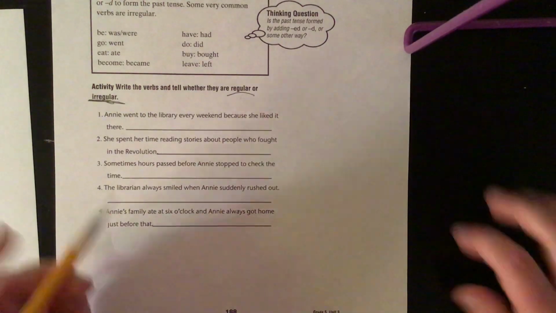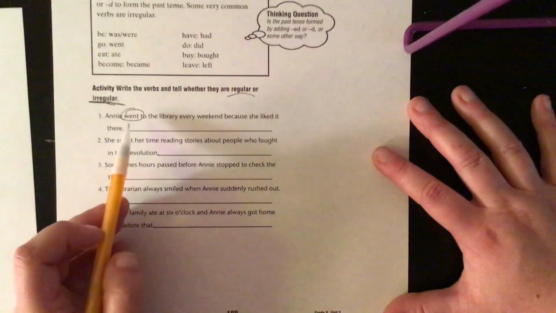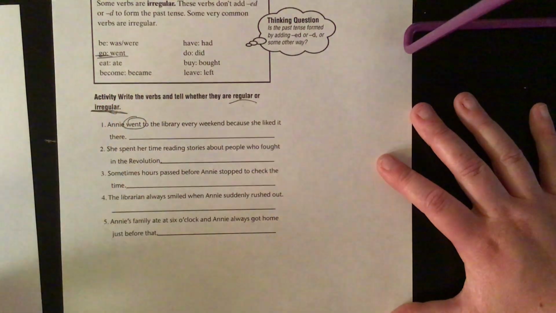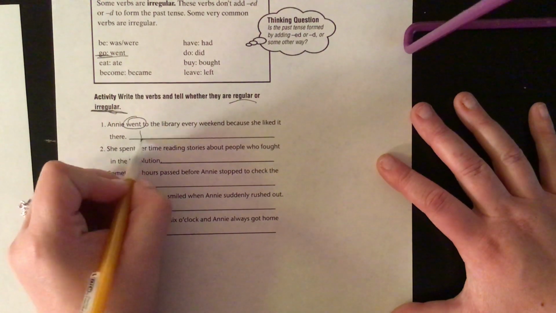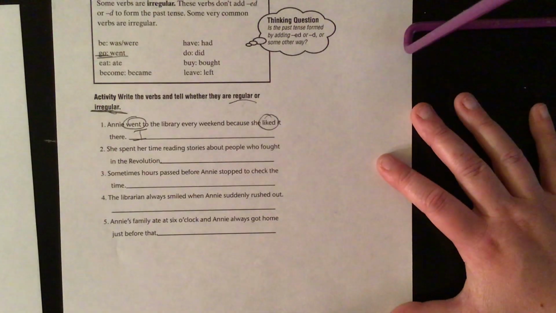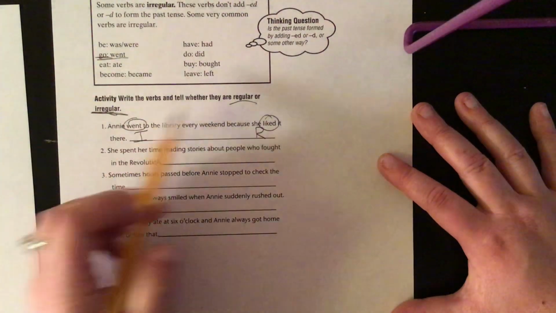So on number 1, Annie went. We know went is a verb, but what's the present tense of went? Well, up here it gives us go. So we know that's an irregular verb. Now the next one is liked, and we know that's a regular verb because it's got ed on the end. So that's all you're doing.